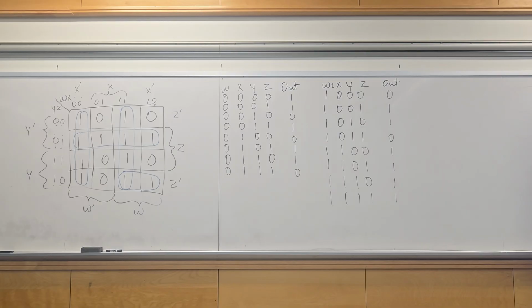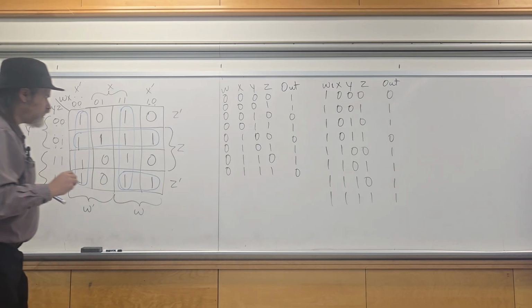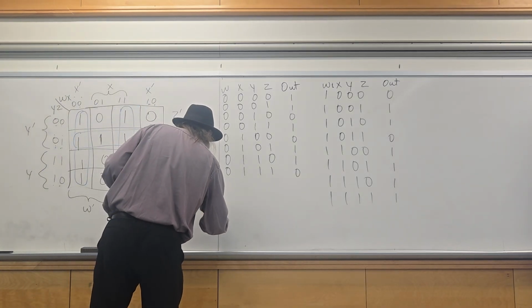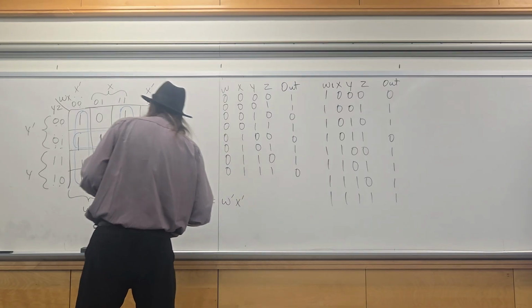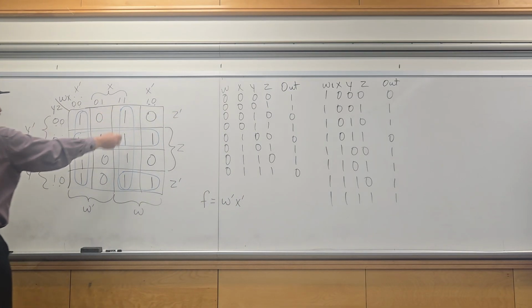So what would the term be for this first column? X prime, W prime, X prime. Yep. The third column.